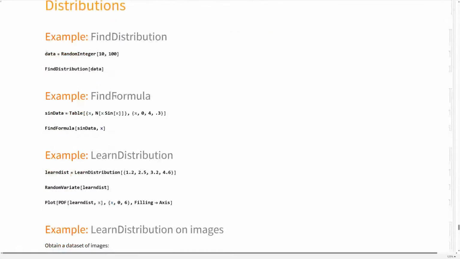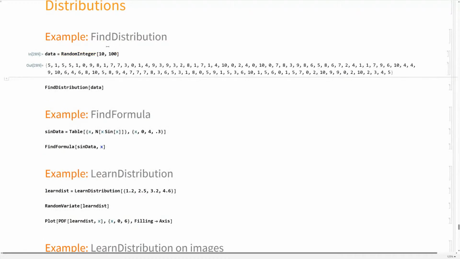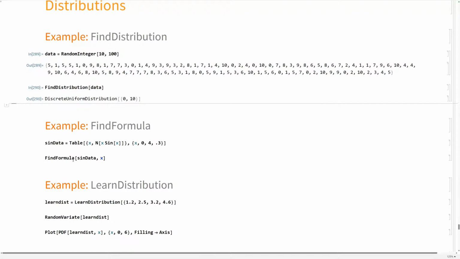The first one is called find distribution. First of all, let's generate some random integers between 0 and 10. We have 100. And I would like to find a distribution of what these data are. And this one is apparently a discrete uniform distribution from 0 to 10, which makes sense.